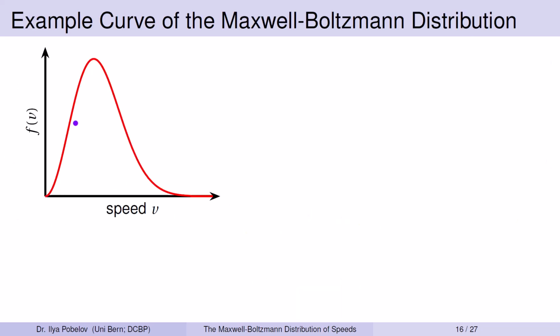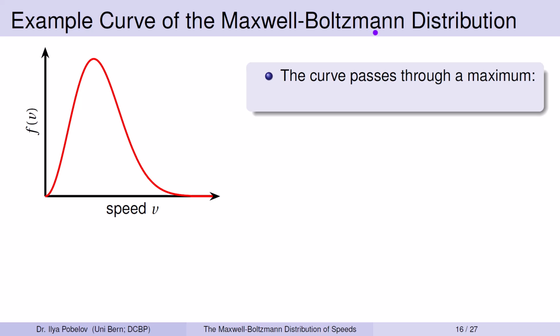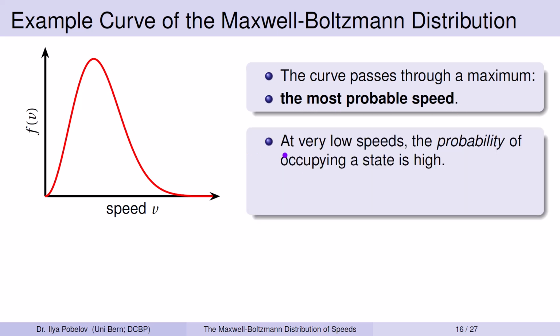Here we see an example curve of the Maxwell-Boltzmann distribution of speeds. The curve passes through a maximum, which corresponds to the most probable speed. At very low speeds, the probability of occupying a state is high.